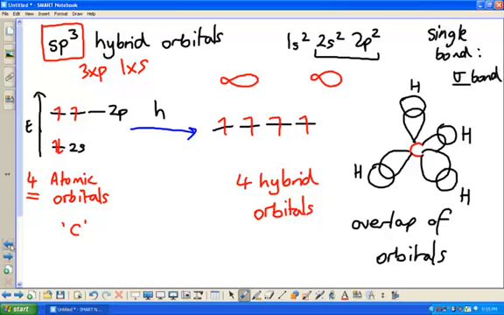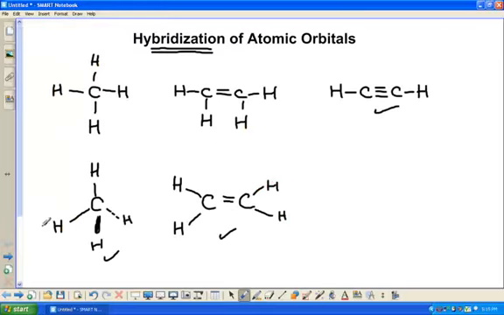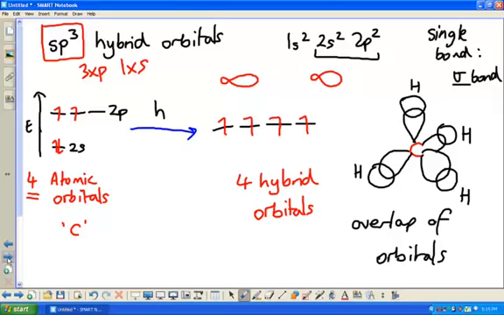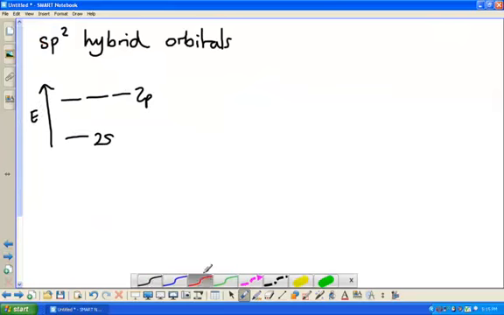Alright. Now, we're going to move on to sp2 hybrid orbitals. And this is where we're going to look at ethylene here. Notice the difference. Single bonds, we've got a double bond here. So we're going to take our valence electrons from carbon again in our 2s and our 2p atomic orbitals, and we're going to put our electrons there.